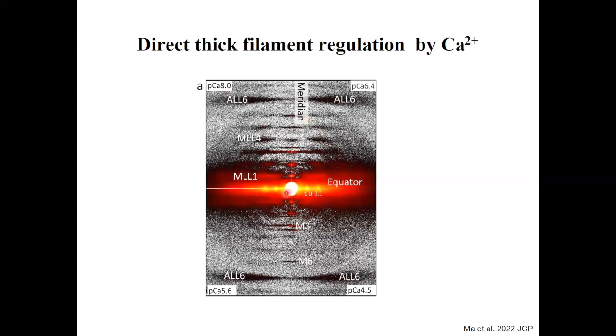Everything else that's not on the equator or meridian is called the layer lines. Theoretically, the meridian and the equator divide this X-ray diffraction pattern into four equivalent quadrants. Here I just cropped them to show that differently, but in a real X-ray diffraction pattern, those four quadrants are equivalent.